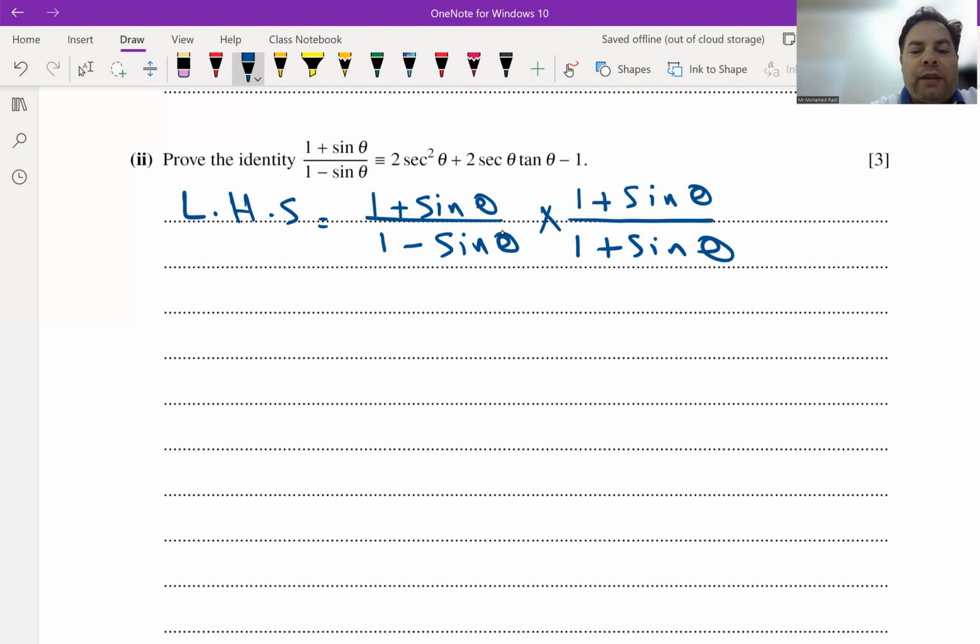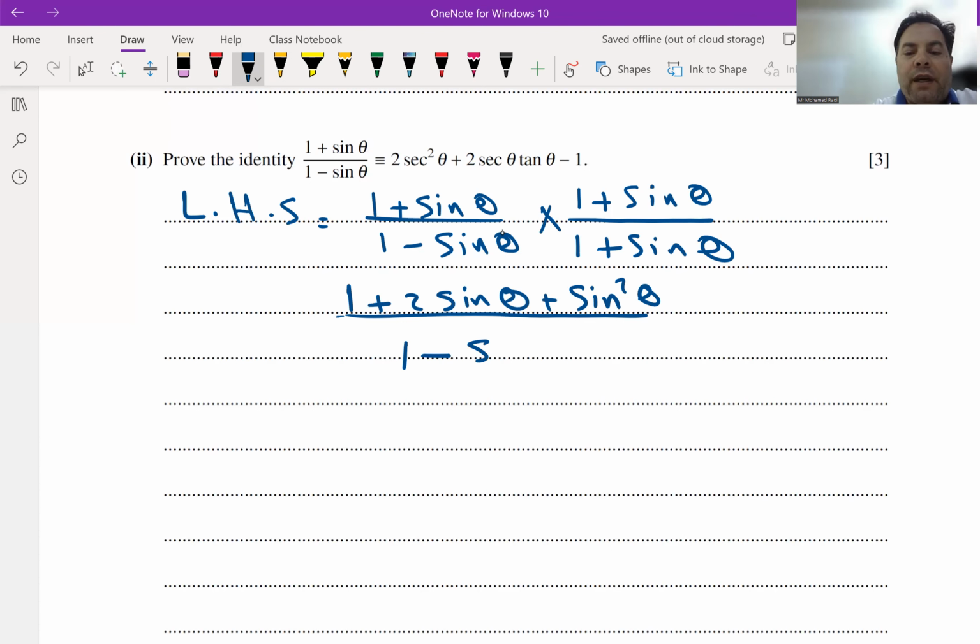If we expand the numerators and the denominators together, you will get 1 plus 2 sine theta plus sine squared theta, because it is 1 plus sine theta, the whole squared, divided by 1 minus sine squared theta.